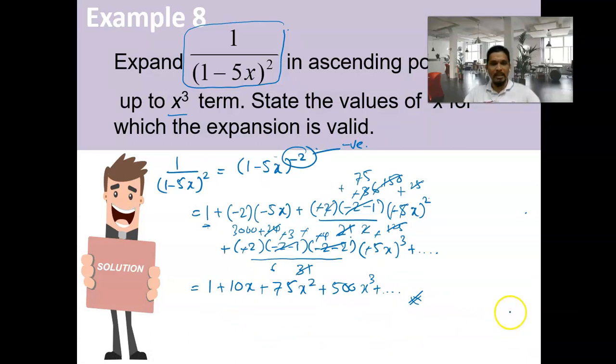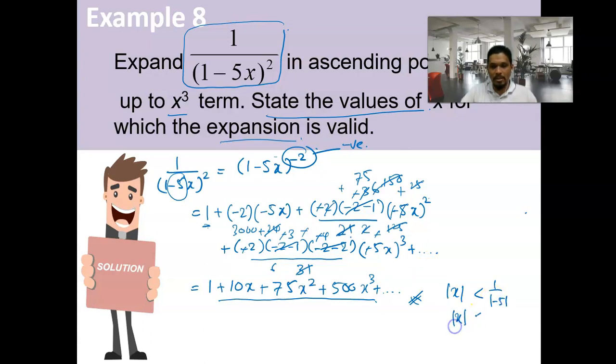I just came up with the expansion here, but then I forgot to state the values of x for which the expansion is valid. Okay, it is modulus of x less than 1 over modulus of negative 5 or modulus of x less than 1 over 5. Then x lies in between negative 1 over 5 and 1 over 5. Okay, I forgot about this, sorry.